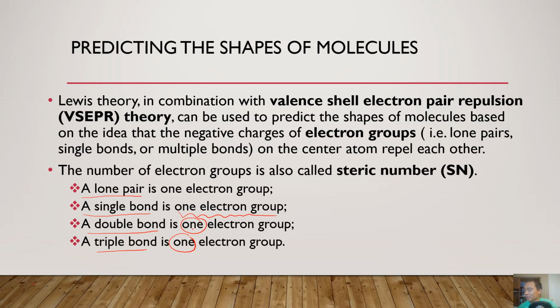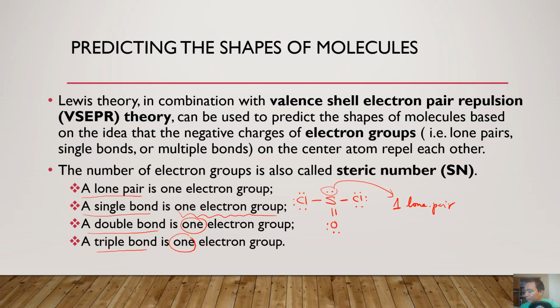That's why it's considered as one electron group. For example, let's look at this structure. Here's the Lewis structure we arrived at last time. With this Lewis structure, we only look at the center atom. On the center atom, we have one lone pair.